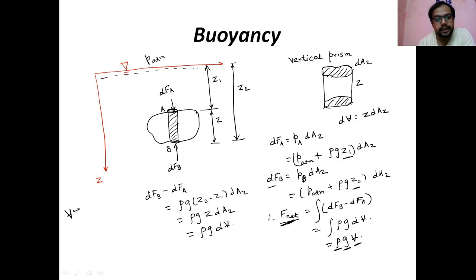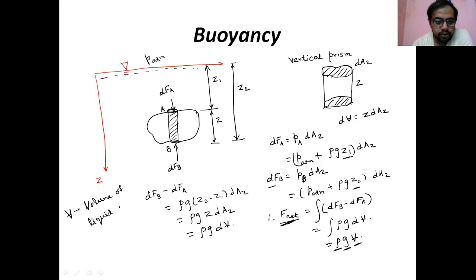So V is the volume of the solid body, or we can say the same volume of liquid will be displaced by the solid body. It is better to write it as the volume of liquid displaced, because that is the same thing: how much liquid is displaced, the same volume will be acquired by the solid body. The volume will not change.